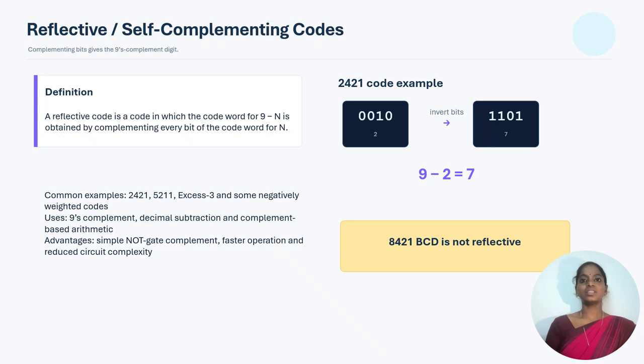It is easy nine's complement generation and simpler subtraction hardware, fast operations, and reduced circuit complexity. And then reflective code used in decimal arithmetic circuits, digital calculators, decimal computers, financial and commercial data processing.